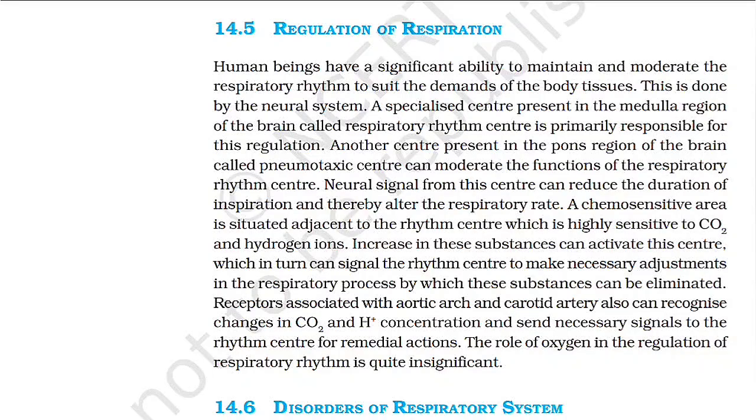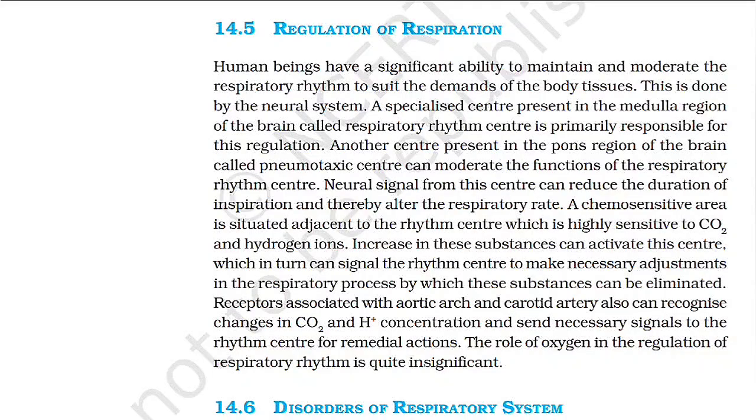A chemosensitive area is situated adjacent to the rhythm center, which is highly sensitive to carbon dioxide and hydrogen ions. An increase in these substances can activate this center, which in turn can signal the rhythm center to make necessary adjustments in the respiratory process by which these substances can be eliminated.